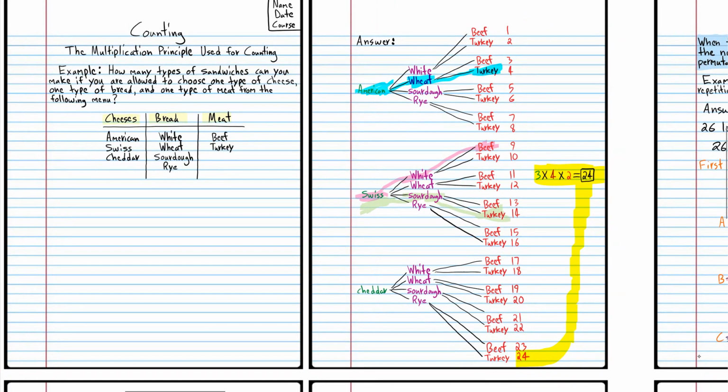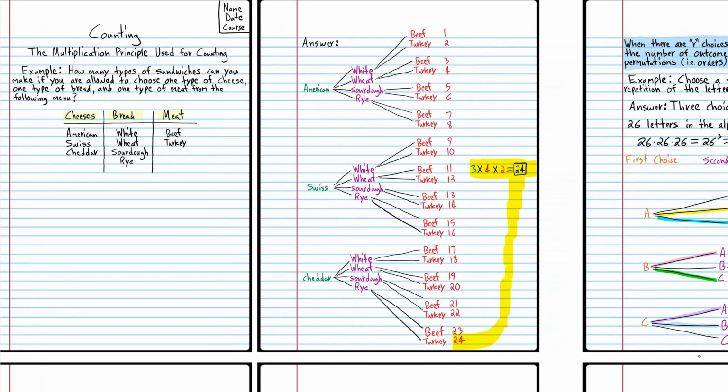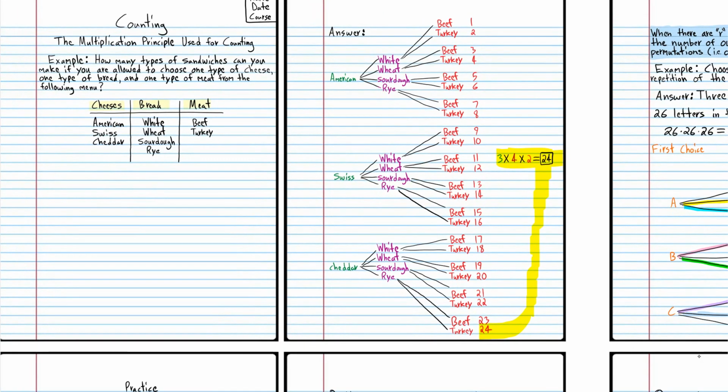So you can see that the ends of the branches tell us how many different variations of sandwiches that we can make. These ends here. And so that's how we count when we're presented with a problem like this. We use a tree diagram, and you can see in this case we have exactly 24 different variations of sandwiches.